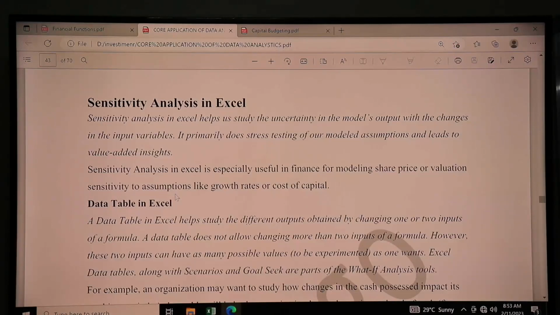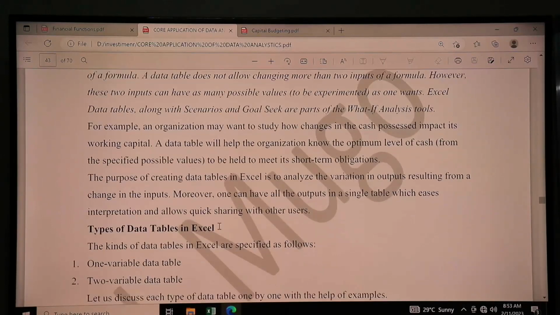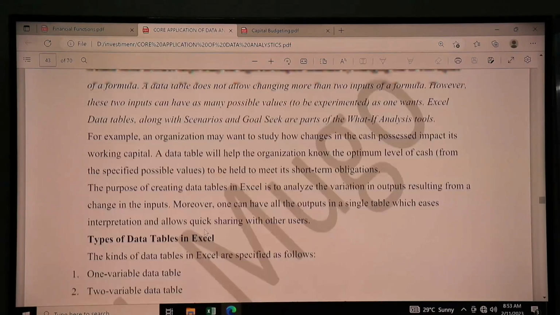So we are going to see this now. Using the data tables is actually the best way of doing this. We have two types of data tables, which we will discuss later: one-variable and two-variable data tables.